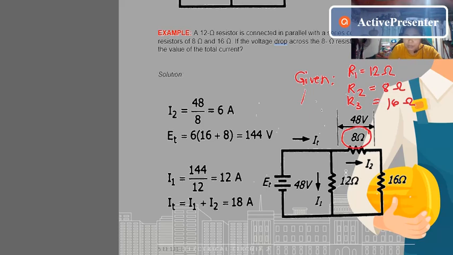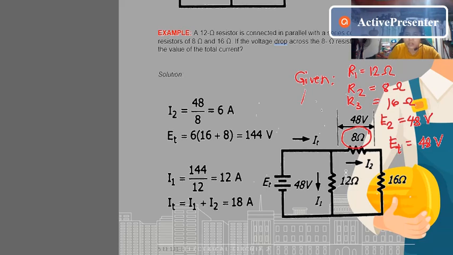So we have our E2, so na siya 48 volts. So ang unknown nato, so ang total voltage is same since nakakonect siya in parallel. So therefore, our total voltage is 48 volts.